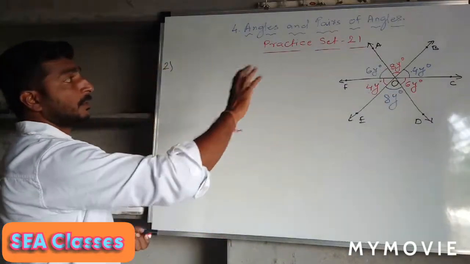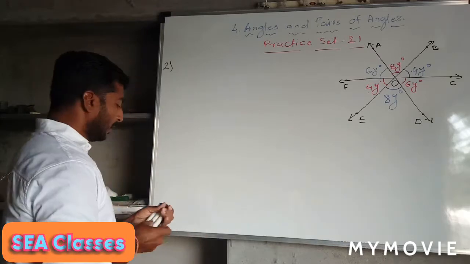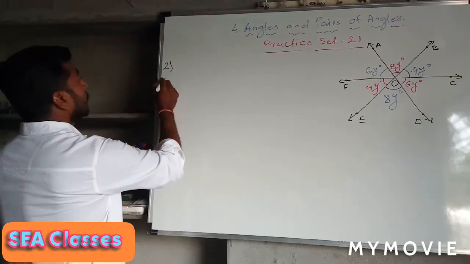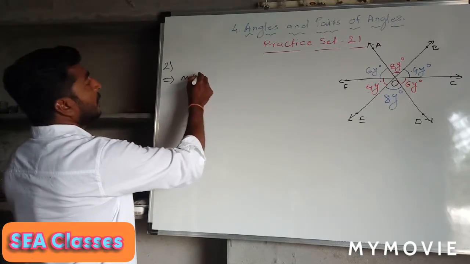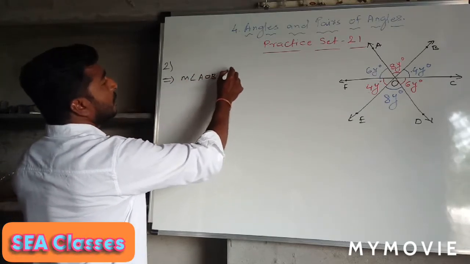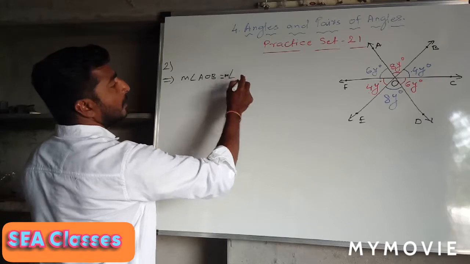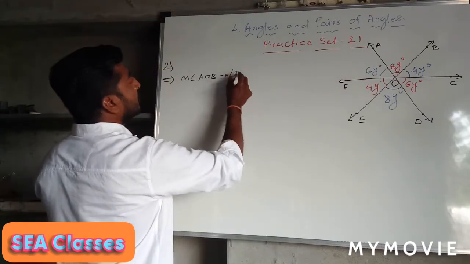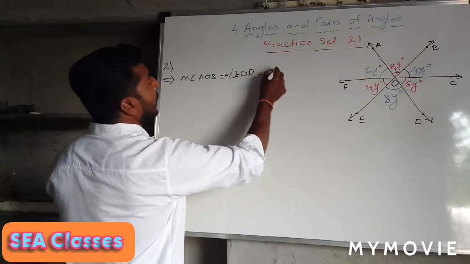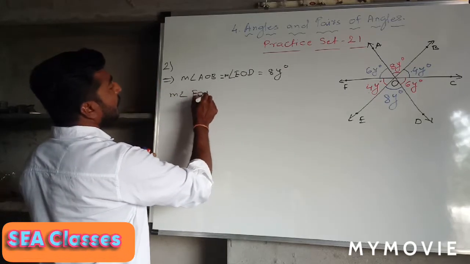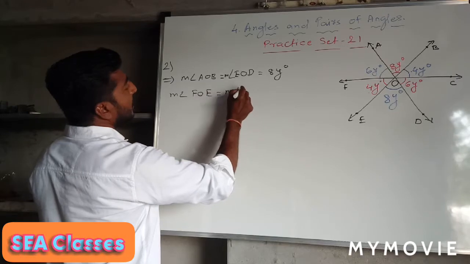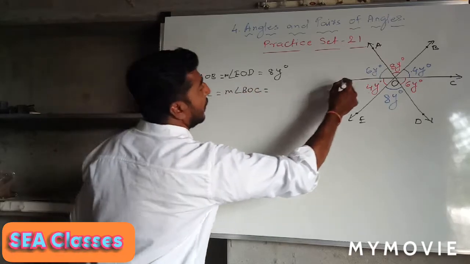So now you have to calculate the actual measures of these angles. Now you will write first: measure of angle AOB is equal to measure of angle EOD, which is equal to 8y degree. Then measure of angle FOE is equal to measure of angle BOC.